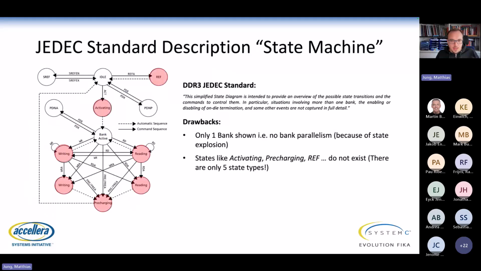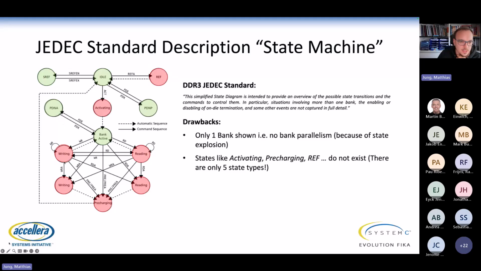So we have only one bank. And then we have states in this diagram that do not actually exist. Some states we even have twice, which is a little bit ambitious. Actually, in this diagram we really only have these 5 states. A bank is active or inactive, or we are in power down, or in self-refresh, or in another power down.